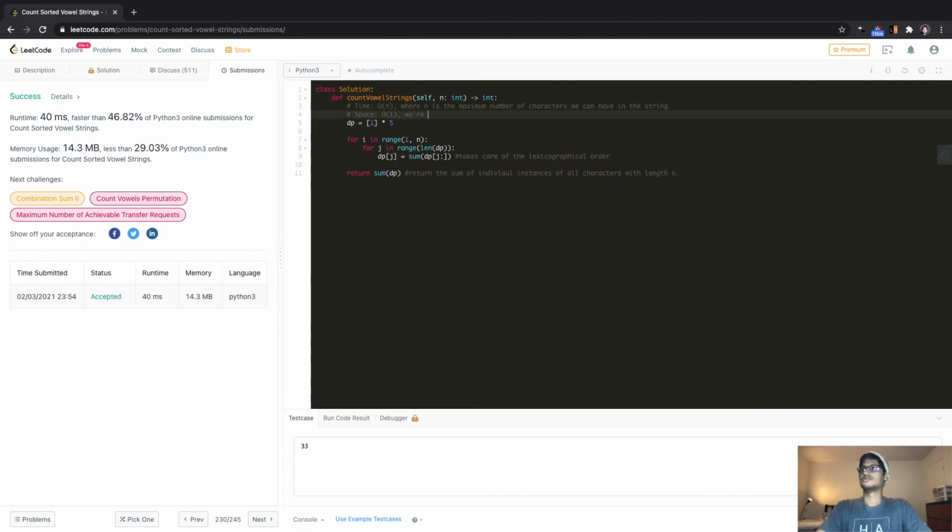We're just making use of constant auxiliary memory. DP always has 5 characters, so it's always constant space. And so yeah, O of n, pretty optimal solution.